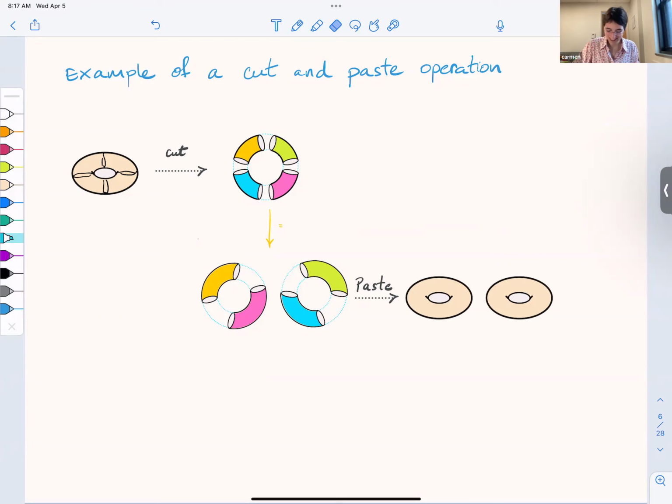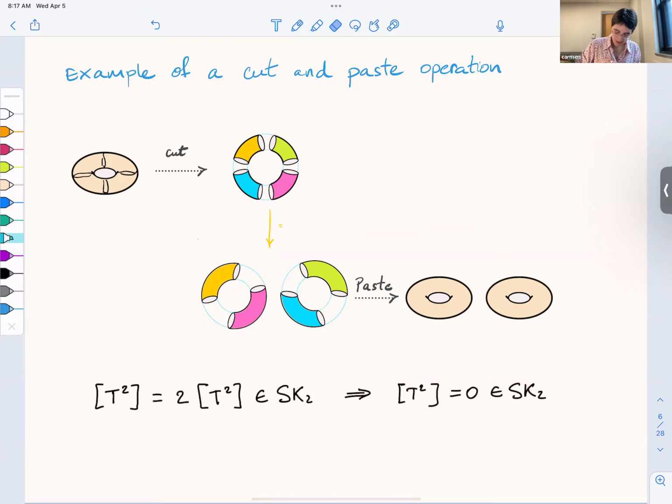So this is now interesting because, put into formal language, what you're seeing from the picture is that your 2-torus from the beginning equals, or is the same in the SK group as, the disjoint union of 2 tori. So actually twice the class of the torus.